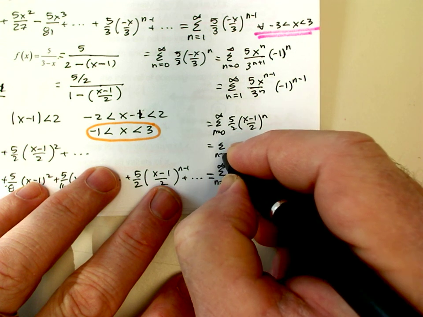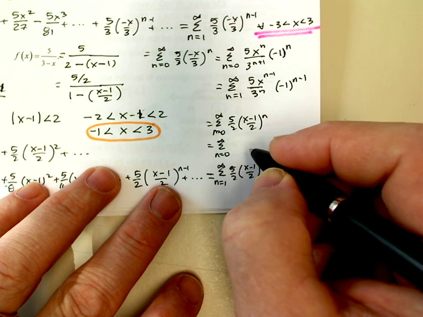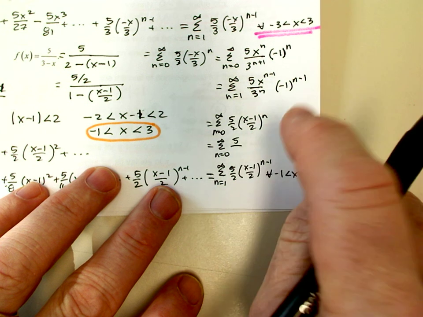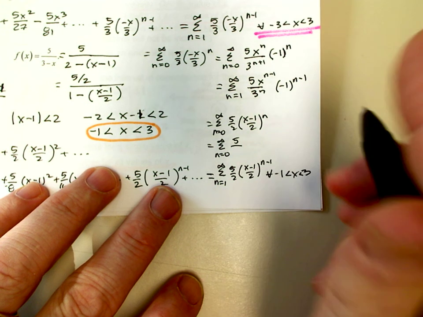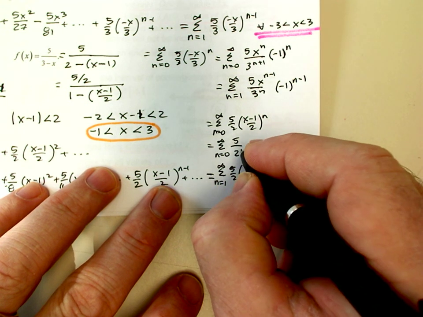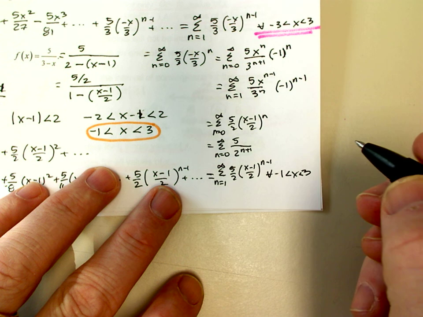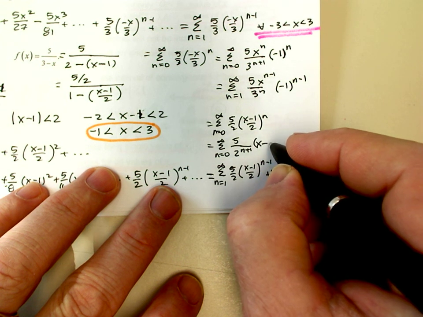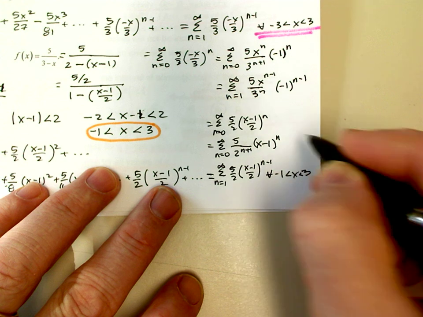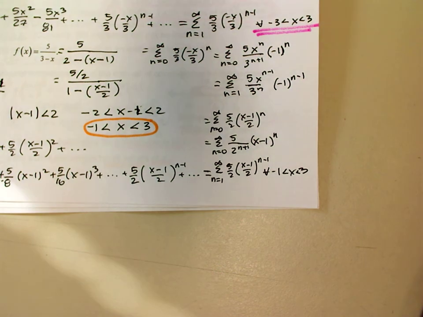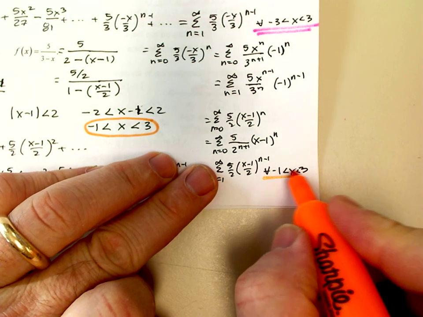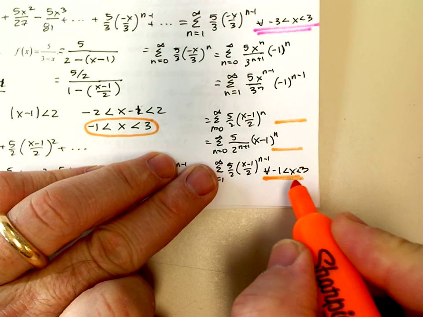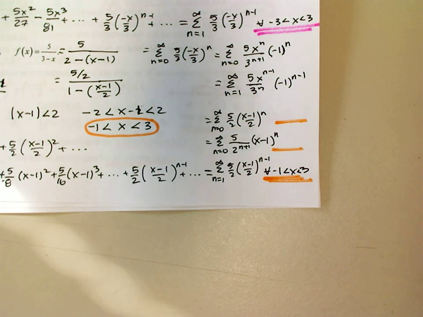We could write this as n equals 0 to infinity of 5 over 2 to the n times 2 to the n plus 1 power in our denominator. And then we just say x minus 1 to the nth power. And again, each one of these would still have to be for that interval of convergence.